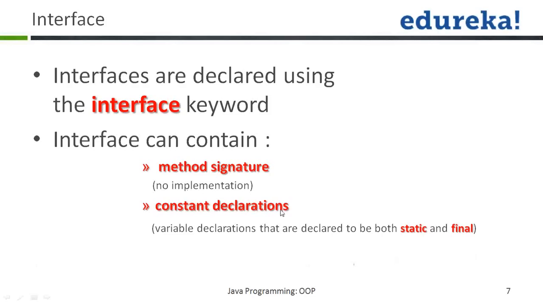It can contain constant declarations that could be both static and final, right? Nikhil says in abstract class we can have well-defined methods but not in interface. Exactly correct. In interface you cannot place well-defined methods. It will contain only and only abstract methods.